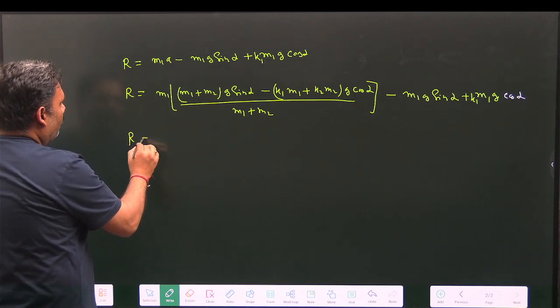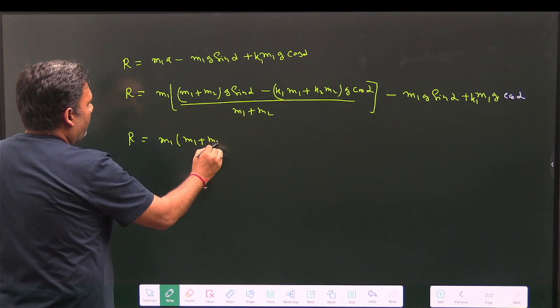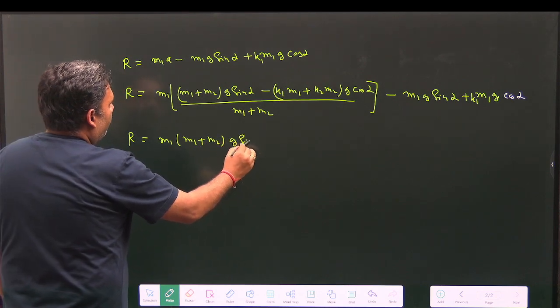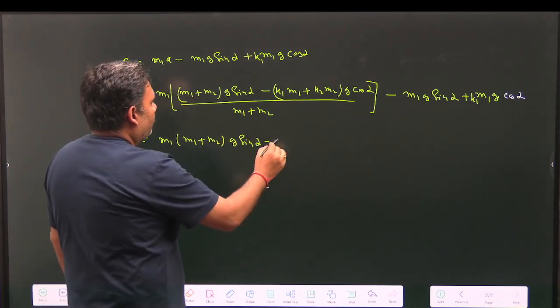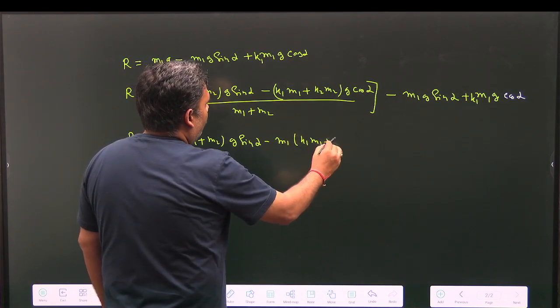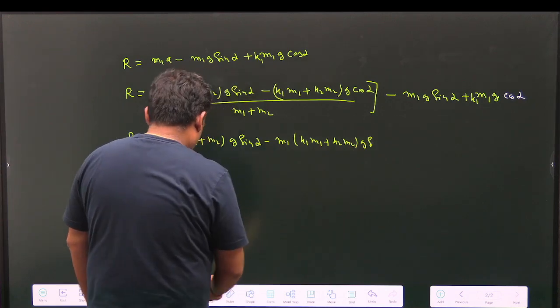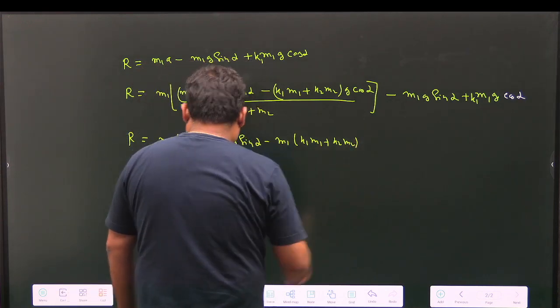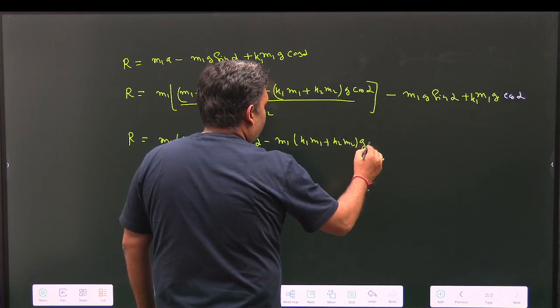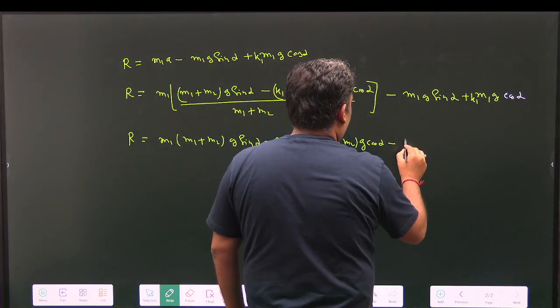So R is equal to m1 times (m1 plus m2) g sin alpha minus (k1 m1 plus k2 m2) g cos alpha, and this m1 is going to multiply with this one.